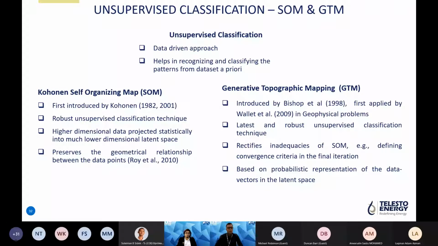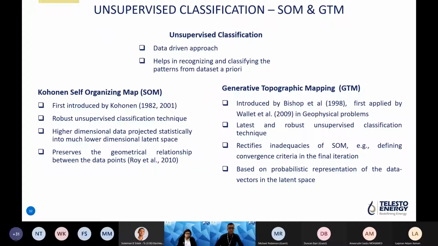And what we do in SOM is, again, like what I mentioned earlier, you can bring in as many datasets as possible. That means n-dimensional data is possible. And then we project it into a lower dimensional latent space. So this is critical for doing the analysis.